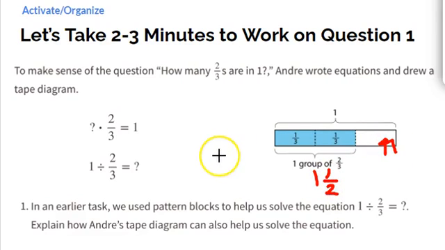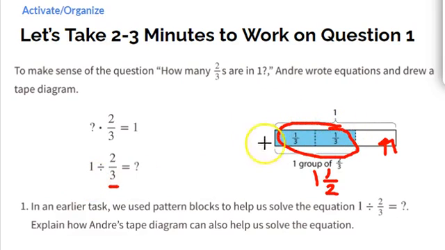And this is just kind of a visual representation of what was going on with this. The tape diagram can help us see that visually because we have 1 total group of 2/3. Here this is not saying that the answer needs to be in thirds. What this is saying is groups of 2/3 we can take out of 1 whole.